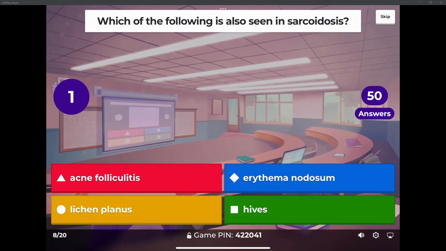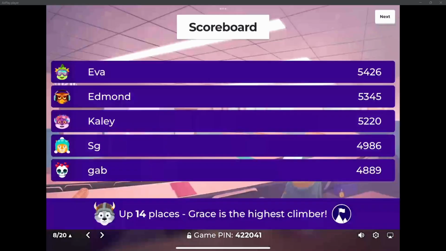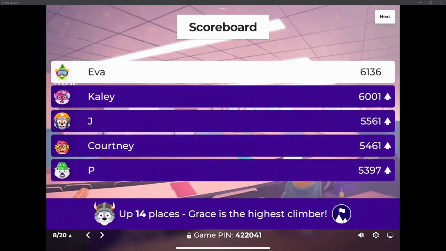Okay, what's this one? This is your erythema nodosum. Seen with sarcoid, they get those, again, those deep red, brown signs on their skin. So remember, sarcoid goes with erythema nodosum.